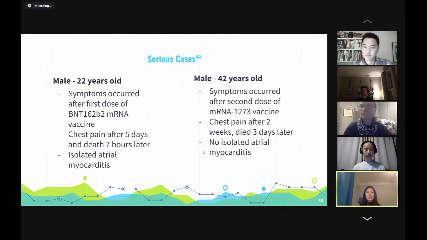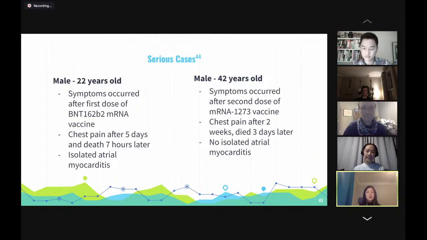In cases in which sudden deaths do occur, the findings are so different that an underlying cause is difficult to establish. After some digging, we were able to find only 2 cases of sudden deaths. The first case was a 22-year-old male who had symptoms occur after his first dose of the BNT162b2 mRNA vaccine.